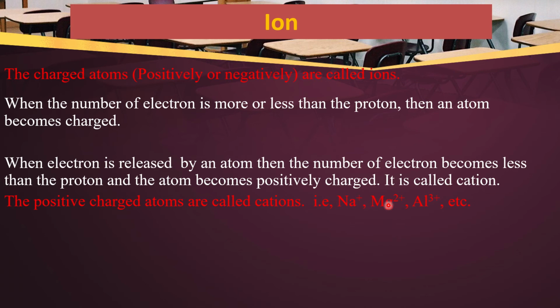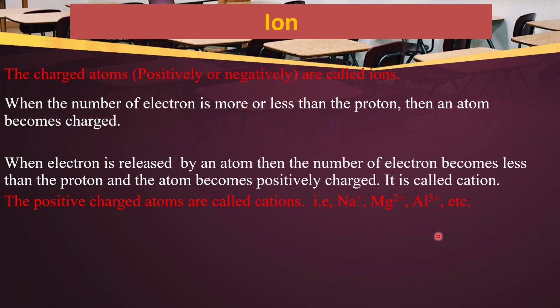That means it has 2 more positive charge in its center. So magnesium becomes Mg2+, dipositively charged. In this way, aluminium 3+, because aluminium has 3 electrons on its outermost shell. So after releasing 3 electrons, aluminium becomes cation Al3+, tripositive charge, etc.